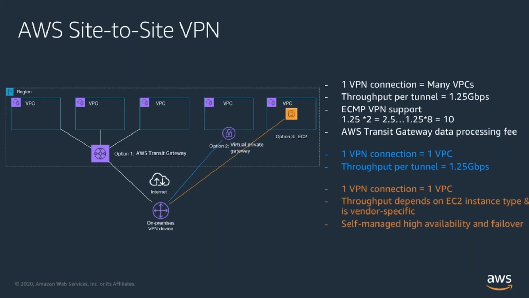So for example, if you have 8 tunnels, then it's 8 times 1.25 Gbps, which gives you a total throughput of 10 Gbps. AWS Transit Gateway comes with an additional cost, which is the extra data processing fee involved. The second option is when you have one or few VPCs and you're able to manage those VPN connections. Here, the throughput per tunnel is 1.25 Gbps.